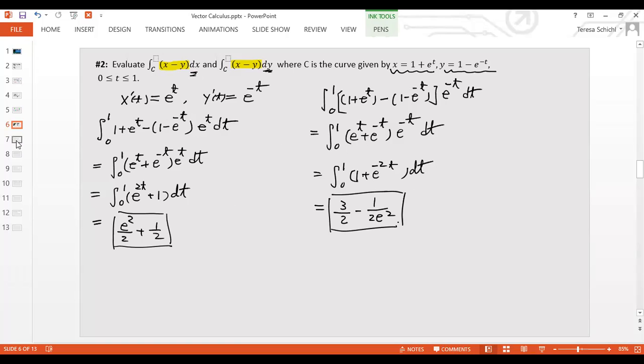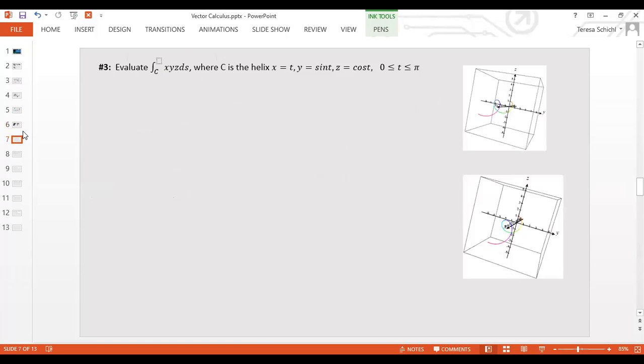Okay, now let's take a look at another example. Evaluate this, where C is x, y, z. If I say w is equal to x, y, z, that means you are looking at R4 dimension.